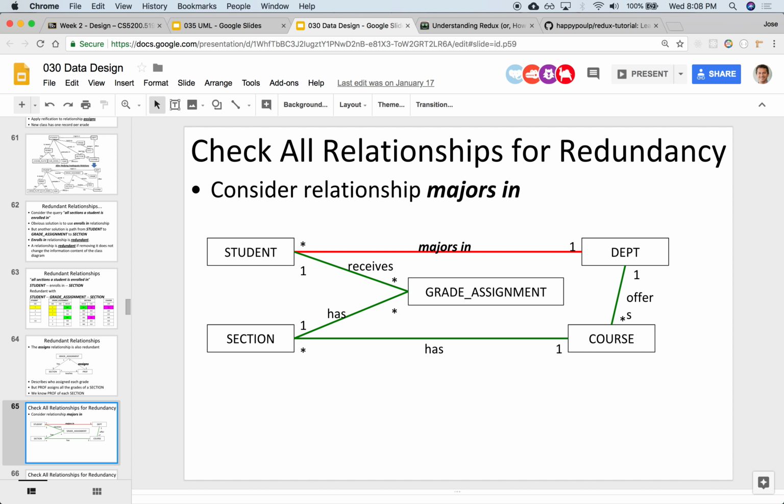By the time you get to course, there's no information about any particular student. You're talking about a whole bunch of students across multiple sections. There's no way to refer to any particular student to answer if any particular student is in any particular department. So walking this cycle here, you can't answer the question, given the student, what department they're in. You see that?